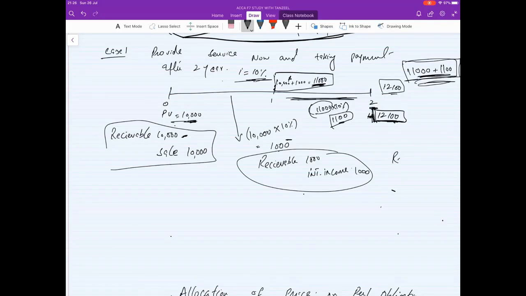The second year entry will be receivable debit 1100 to interest income, again profit and loss 1100.